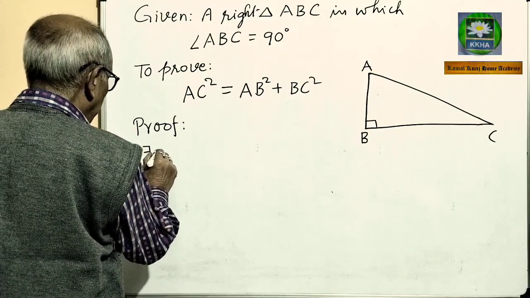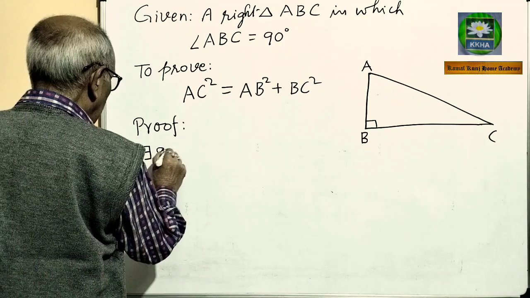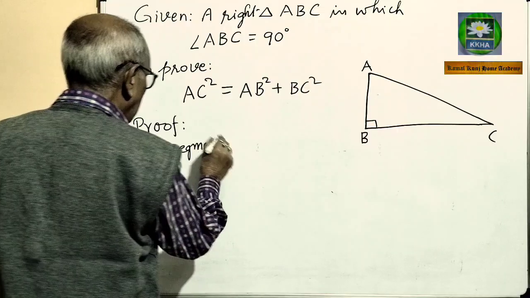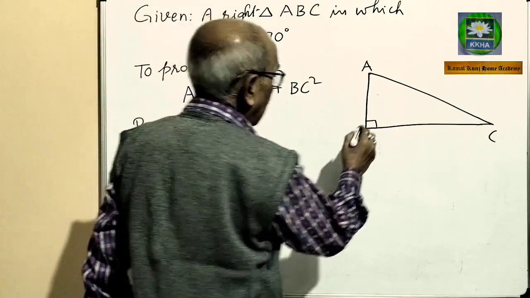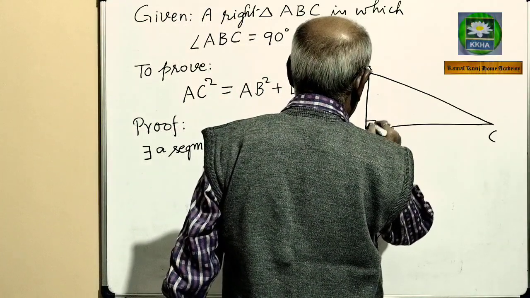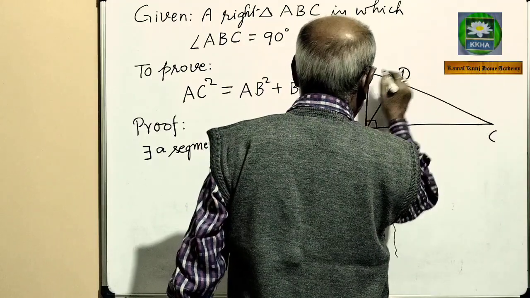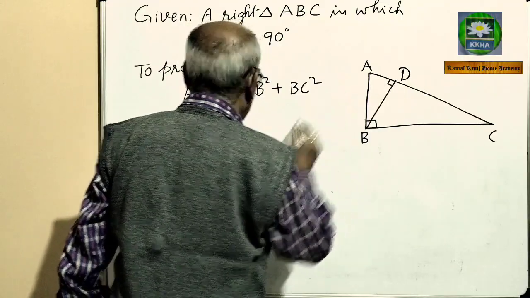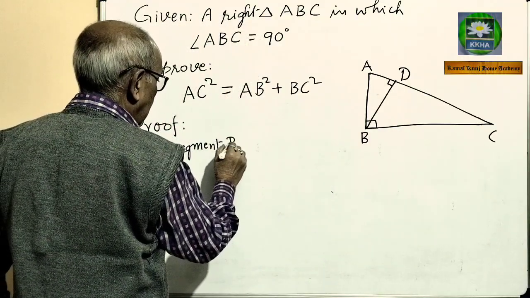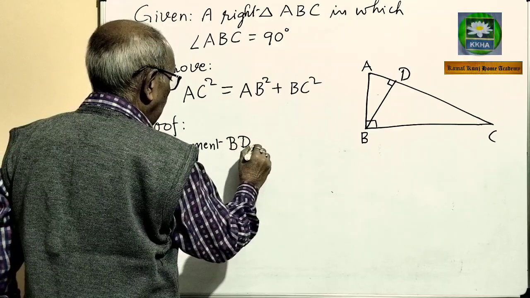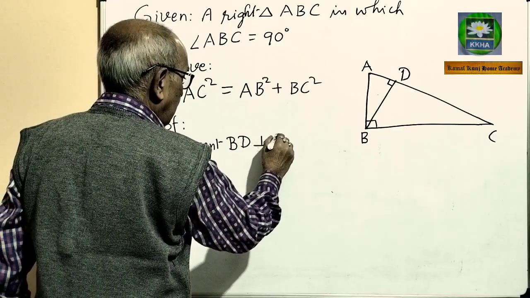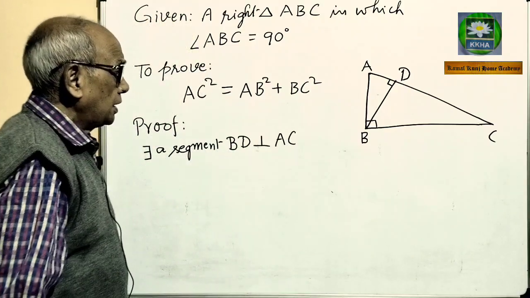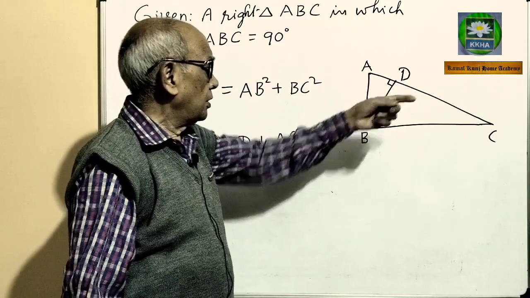There exists a segment BD perpendicular to AC. There exists a segment BD perpendicular to AC.